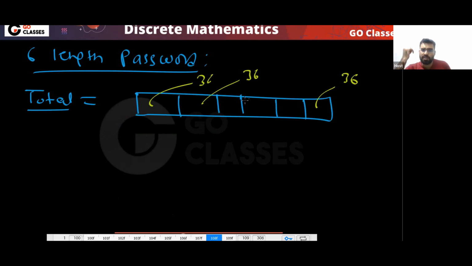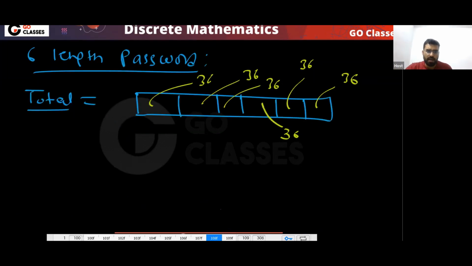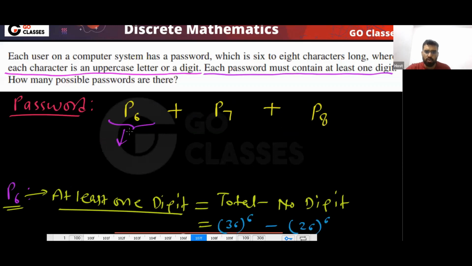The question is saying that each character is an uppercase letter or a digit, so 36. So total will be 36 power 6. And how many have no digit? If there is no digit, every character will be an uppercase letter. So that will be 26 power 6, because you cannot use any digit.